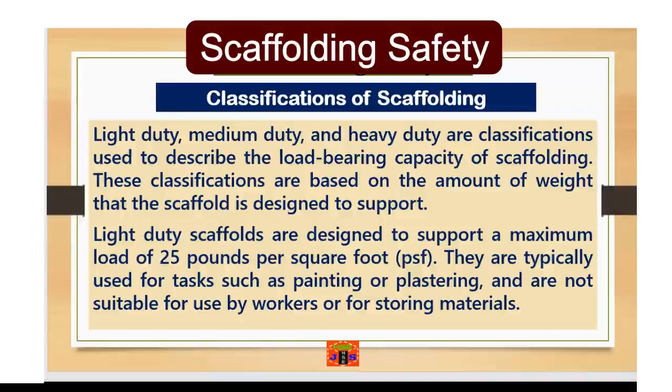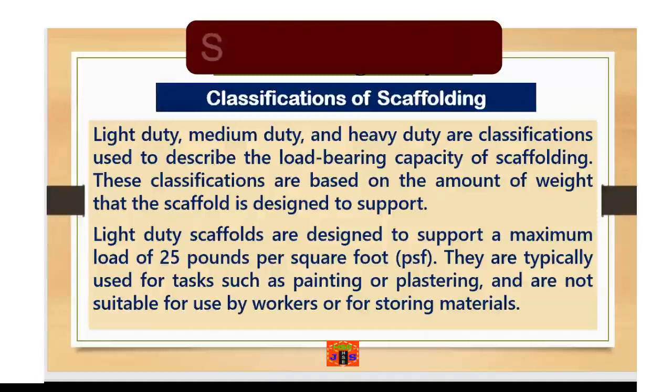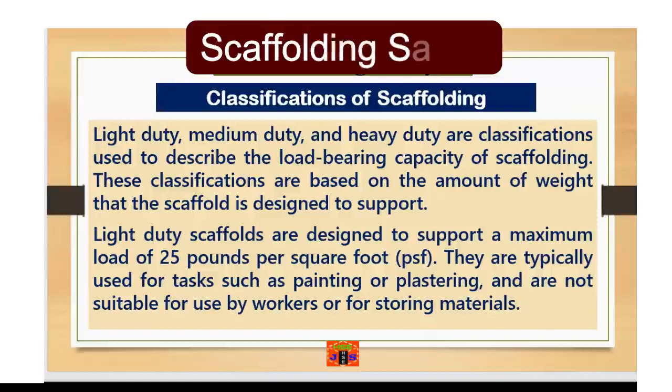These classifications are based on the amount of weight that the scaffold is designed to support. Light duty scaffolds are designed to support a maximum load of 25 pounds per square foot.